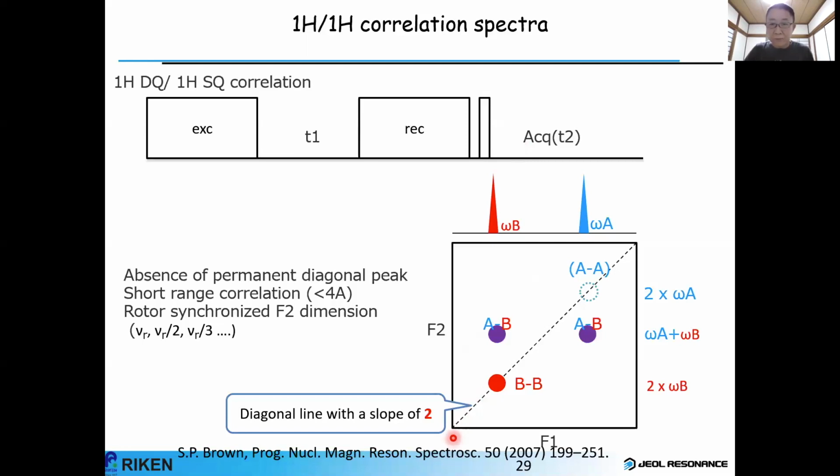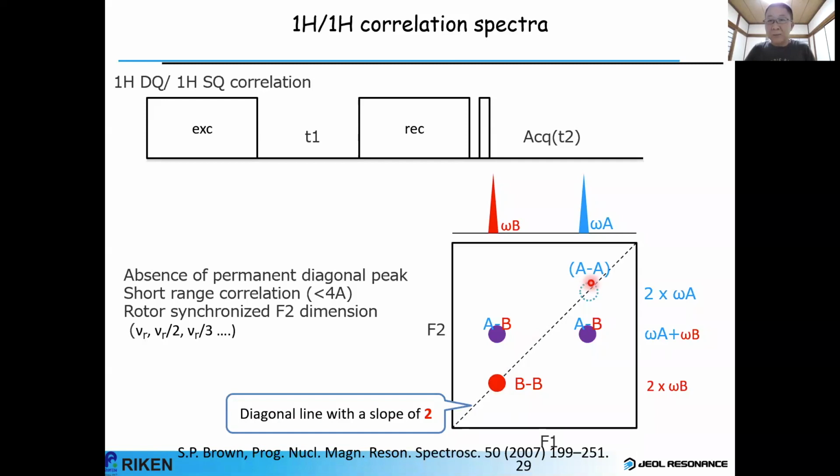Then if you plot the diagonal line with a slope of 2, if you have a diagonal peak, B and B, that means B is sitting next to another B. So we have B-B correlation here.